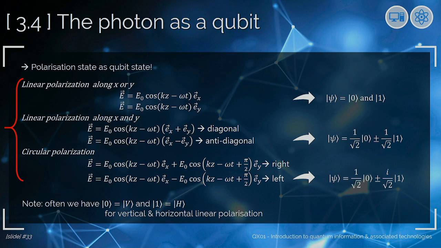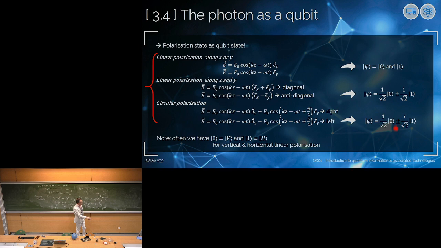So using the complex notation with theta and phi, you remember the notation, it's still here. Here we go. Using this notation, I can show that the equivalent of this right circular polarization and left circular polarization is going to be a state like this, which is 1 over square root of 2 (0 plus or minus i 1).